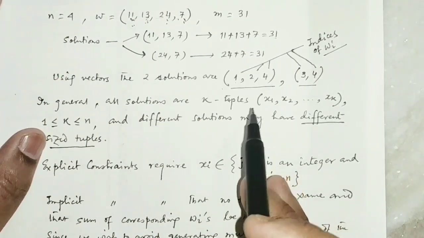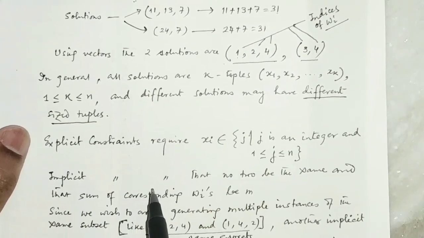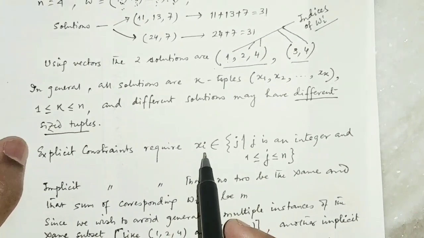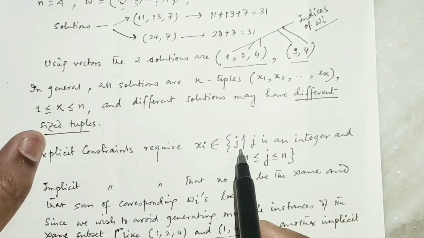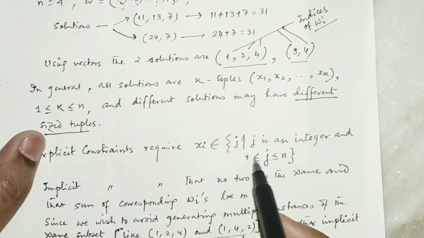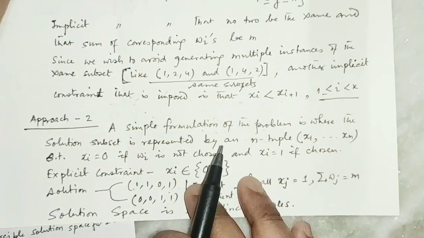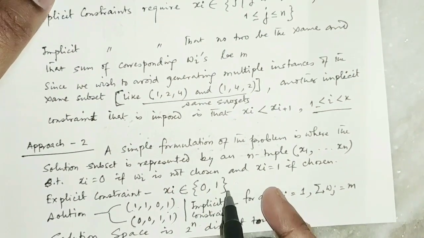So we can say that the explicit constraints here are nothing but the indexes. J is an integer and j lies from 1 to n. And here it is 0 or 1.